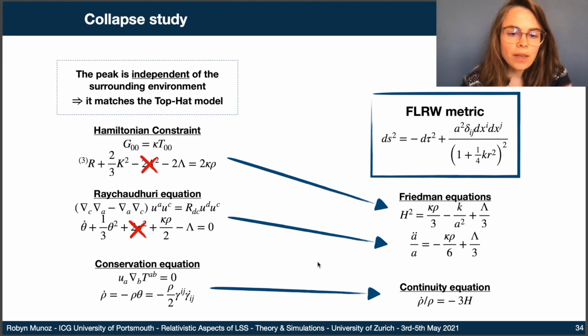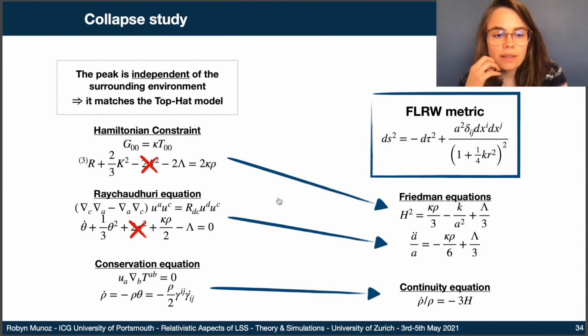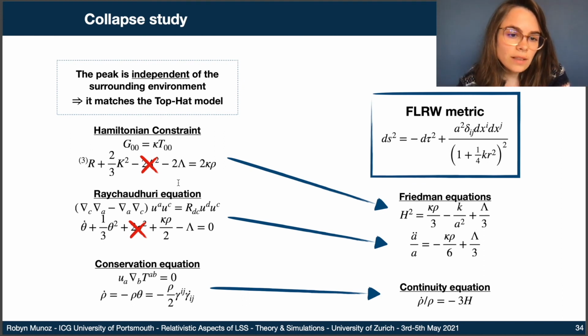Let's look at the general equations that I presented in the introduction to numerical relativity. If you cancel out the shear from these two equations, you become independent of your environment in this specific location, and then you retrieve the Friedmann equations. And so the peak being independent of its environment is the reason why it matches the top hat model so well.